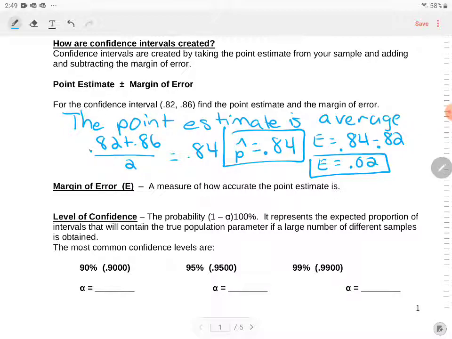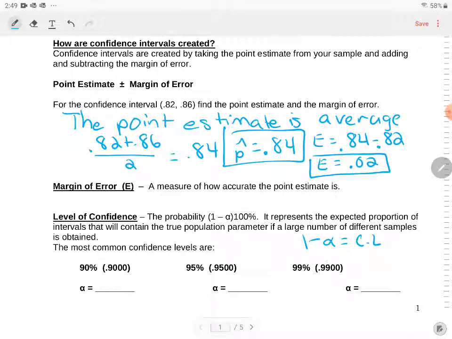Okay. So now we have what are called levels of confidence. The probability is 1 minus alpha times 100%. So those have to do with confidence levels. What we know is that 1 minus alpha is equal to the confidence level.